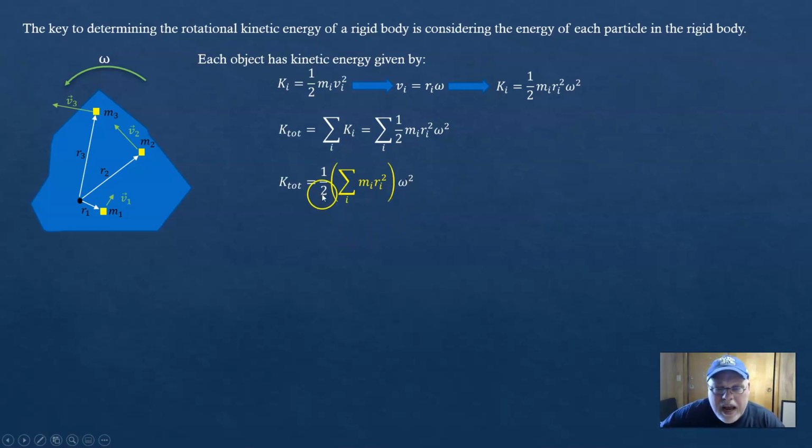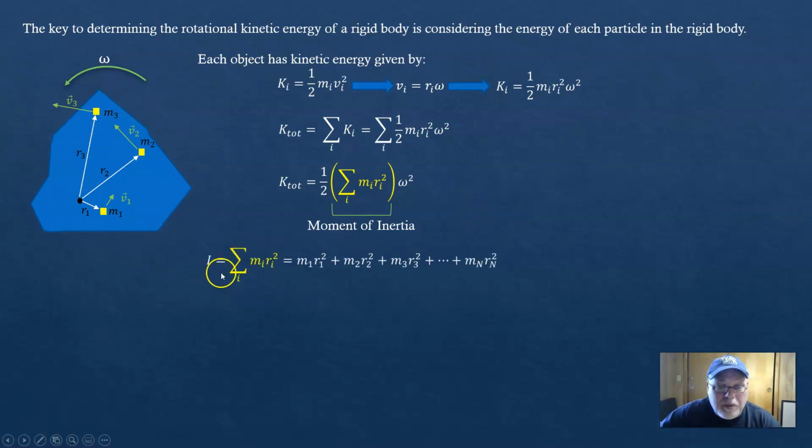So what I get is 1/2 times this thing, the summation of m sub i r sub i squared, times omega squared. Now this piece right here is really special to rotational motion. This is what we call the moment of inertia. Mathematically, for every piece of this object, I take its mass, multiply it by its distance from the axis of rotation squared, and then add that up for all the little pieces.